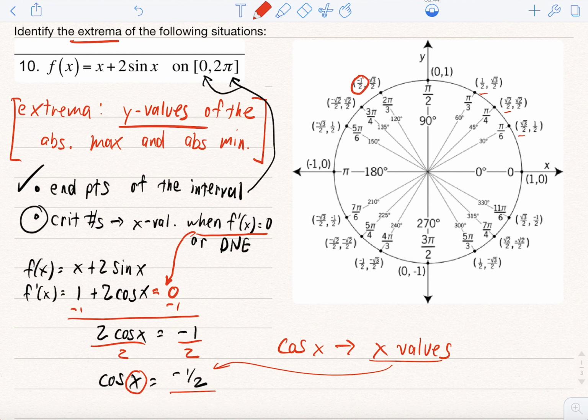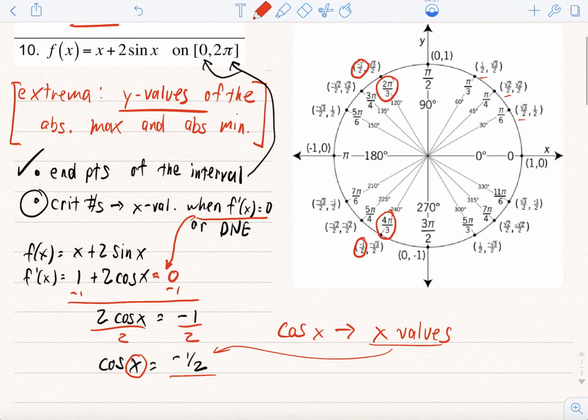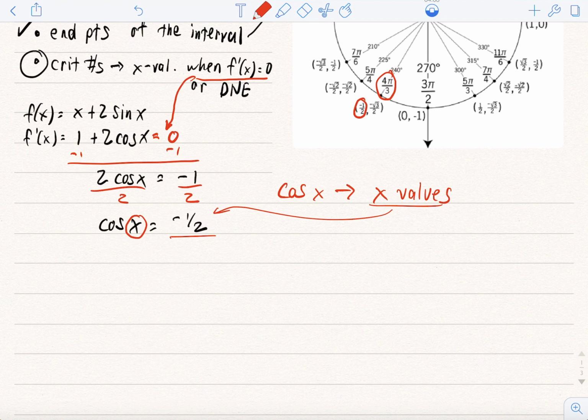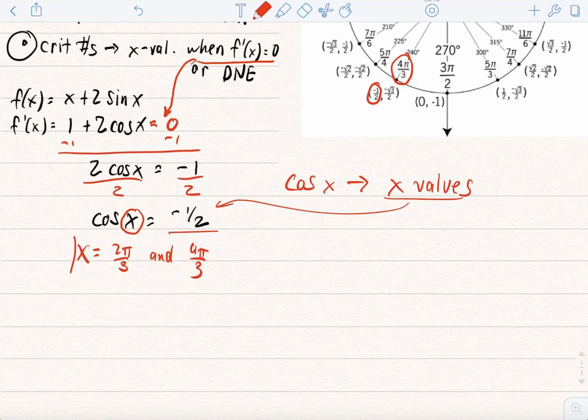But I know this guy and this guy over here. Those two are the only ones on the unit circle that have negative 1/2. So what is the angle that gives me an x value of negative 1/2? The answer is right here, 2 pi over 3 and 4 pi over 3. So the answer to the derivative equaling 0 is that x is equal to 2 pi over 3 and 4 pi over 3. Those are my two critical numbers.